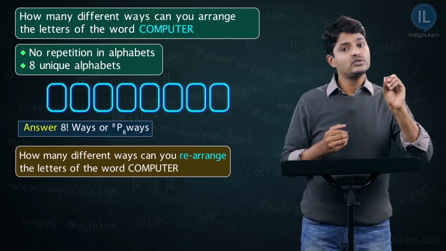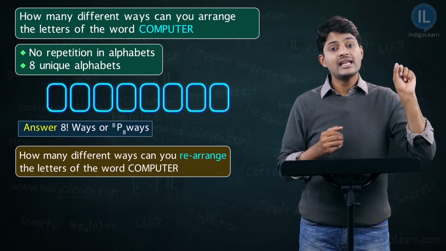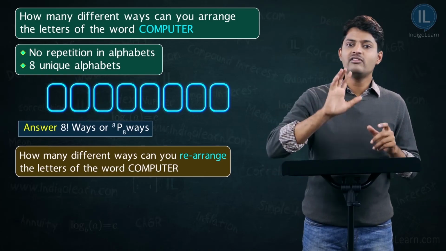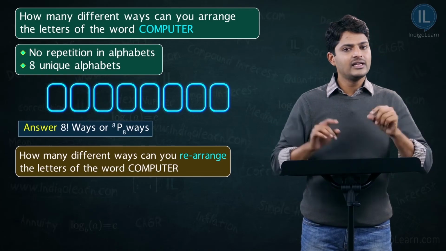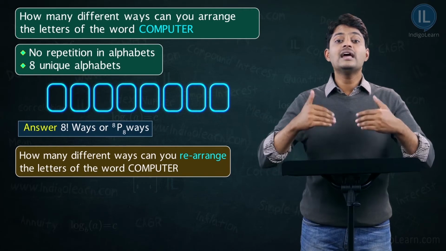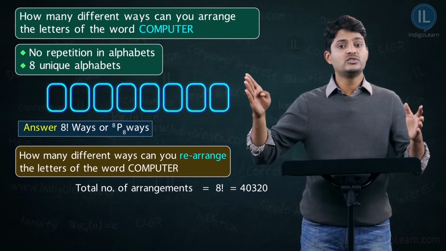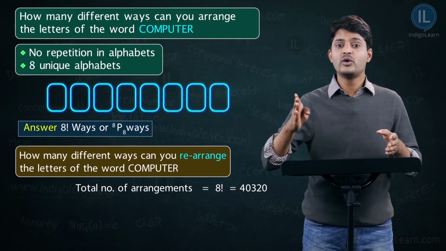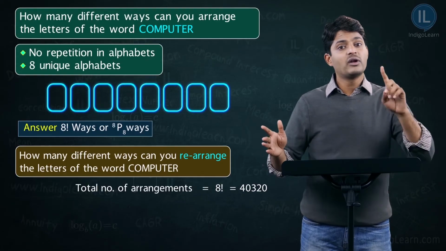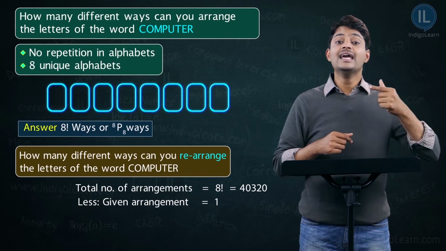So still I am going to say the value is 8 factorial only, but since the word rearranged is given, I should not count the arrangement that is already given. The arrangement that is already given is computer. Since I am using the word rearrangement, whatever is the value of 8 factorial, which is 8 into 7 into 6 into 5 into 4 into 3 into 2 into 1, which comes down to 40320, from that value you have to subtract 1, because I am using the word rearrangement.